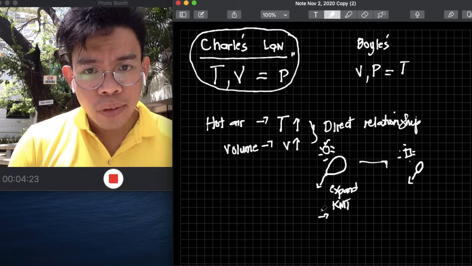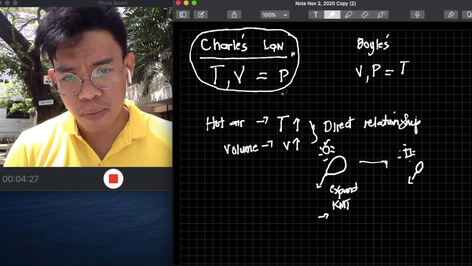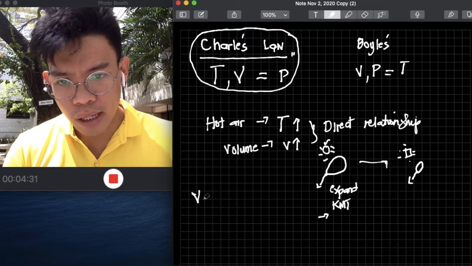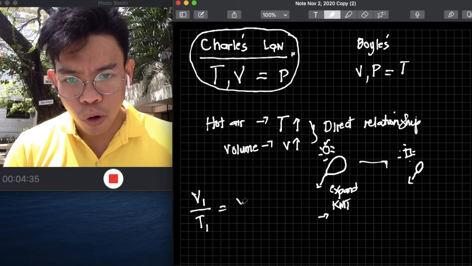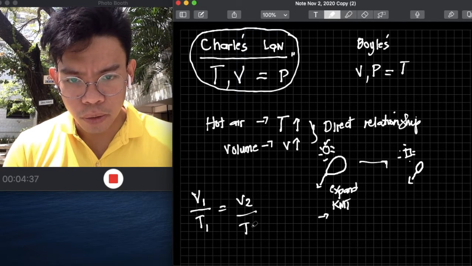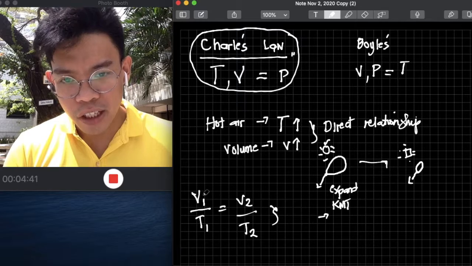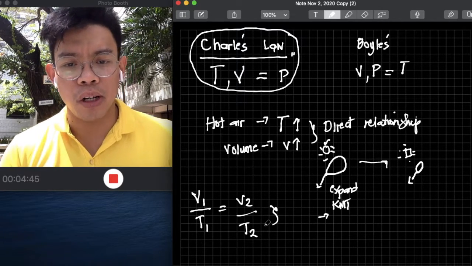And with that, there's a direct relationship between volume and temperature at constant pressure. So its expression can be V1 over T1 is equal to V2 over T2. Such that there's a direct relationship, if we have initial and final volume to the initial and final temperature.